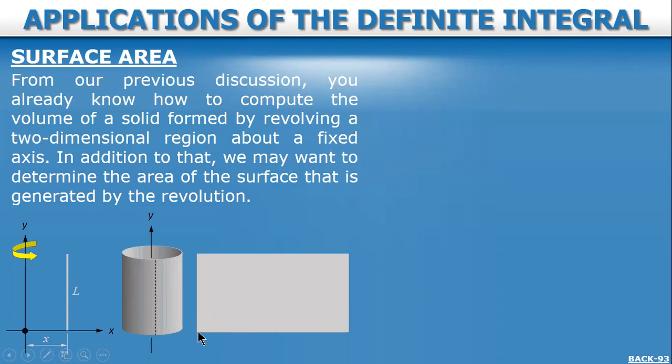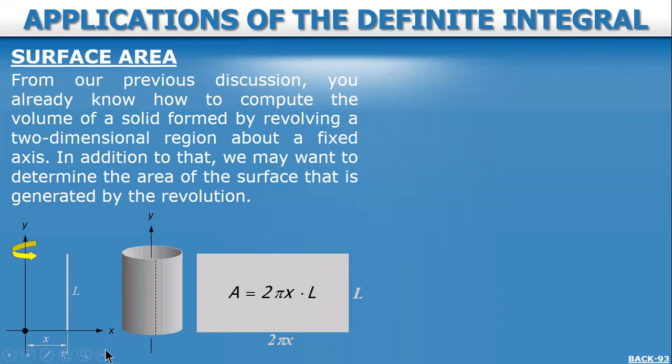So L is the length of the line, and the other side is the circumference of a circle with radius x, which is 2 pi x. So the area is equal to 2 pi x times L: circumference times the length of the line.